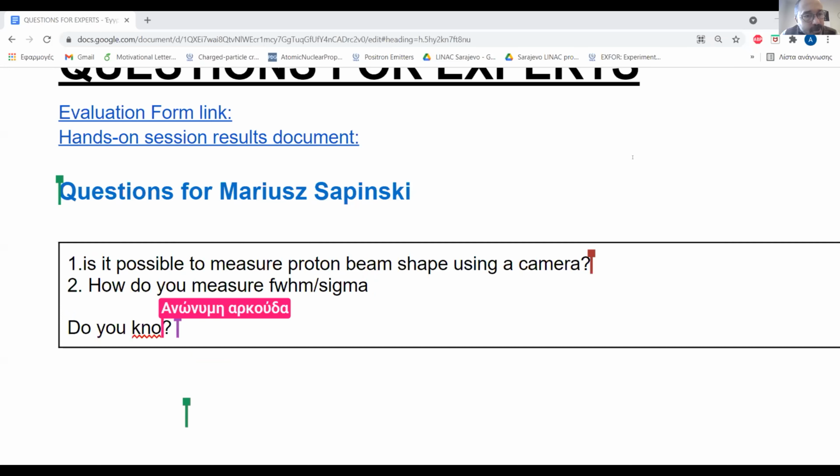What is the relationship between the beam emittance and the electron? And ions, beam ions used for treatment.